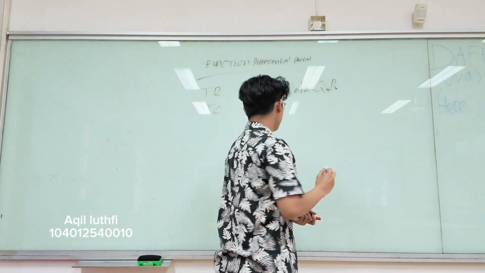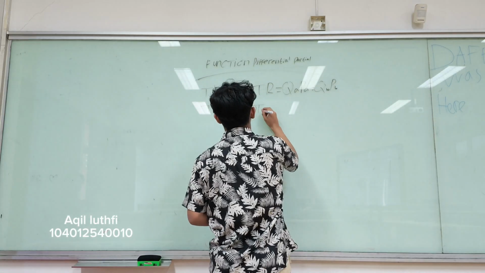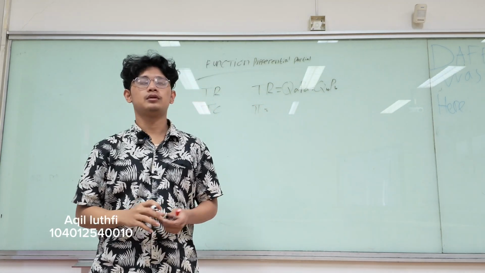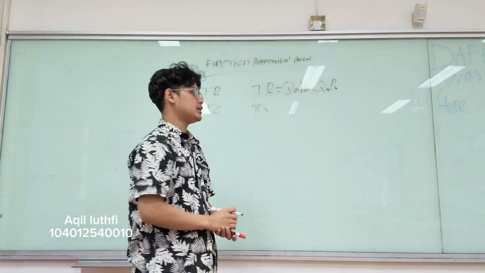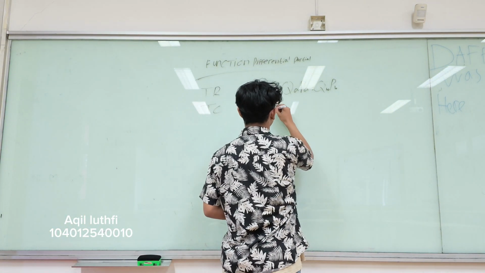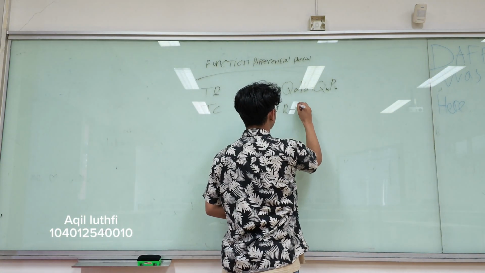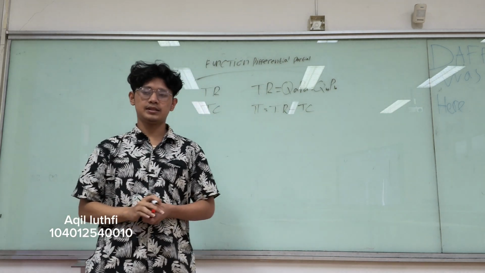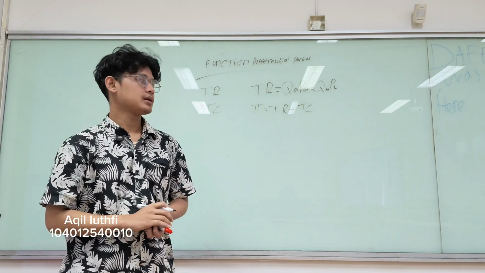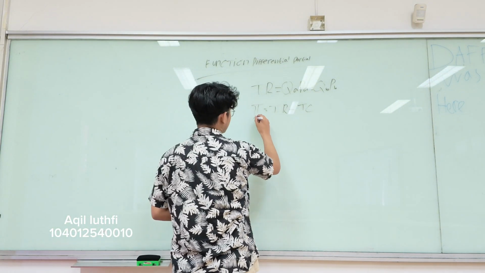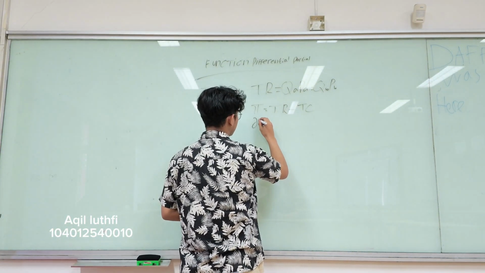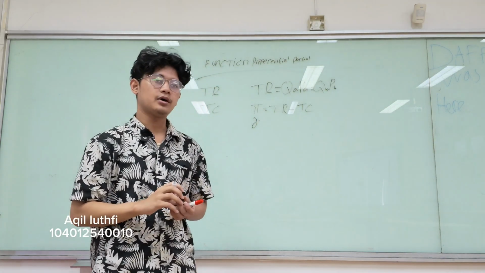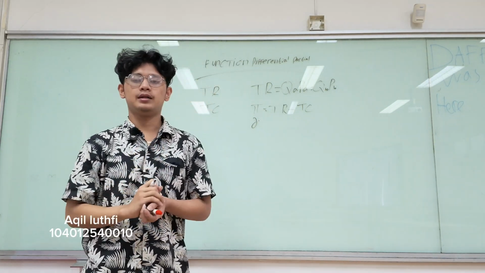And next we search for P. Our function, the benefit function, is TR minus TC, and there is one more.